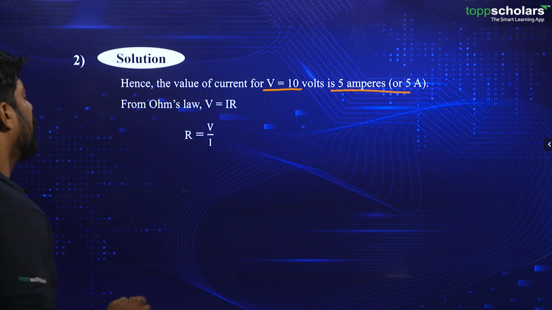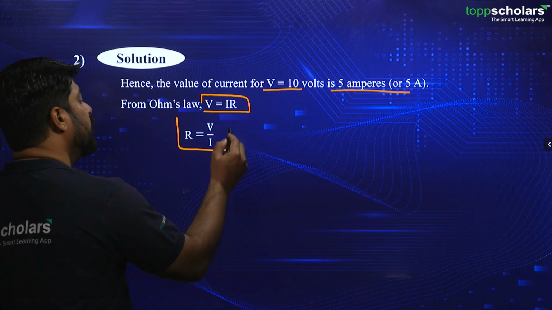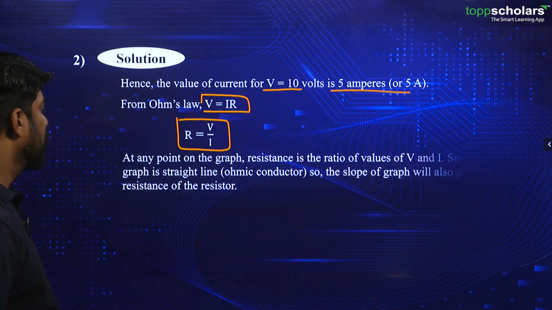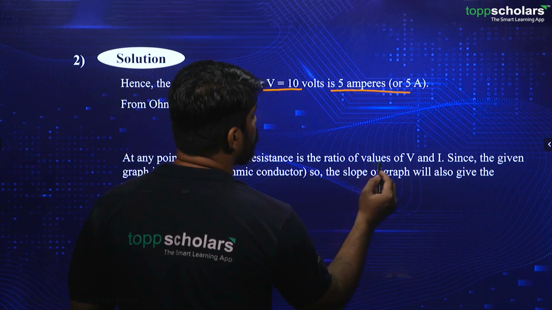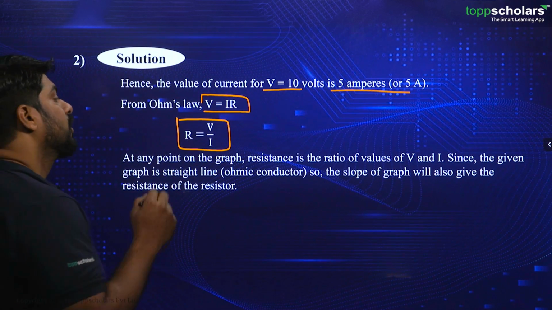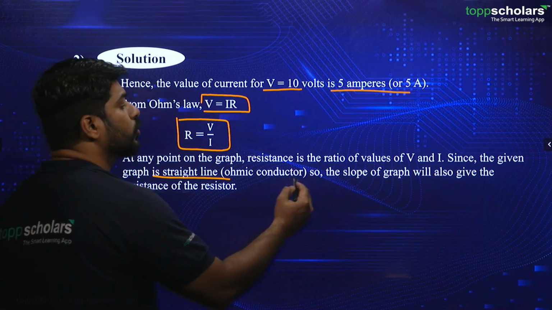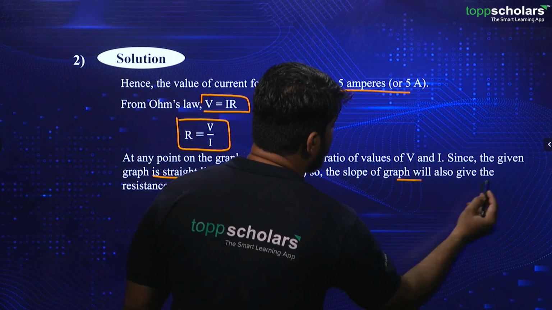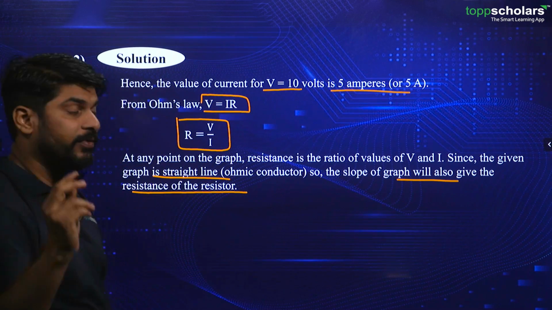Now from Ohm's law, V is equal to IR, so R is equal to V upon I, right? So at any point on the graph, resistance is the ratio of values of V and I. Since the given graph is a straight line, an ohmic conductor, the slope of the graph will also give the resistance of the resistor.